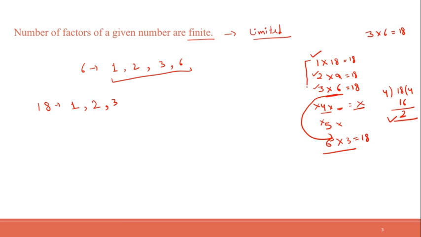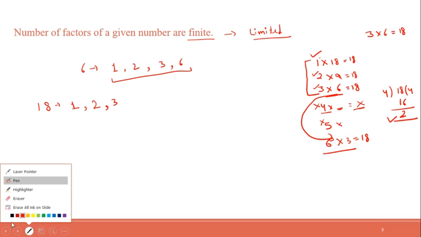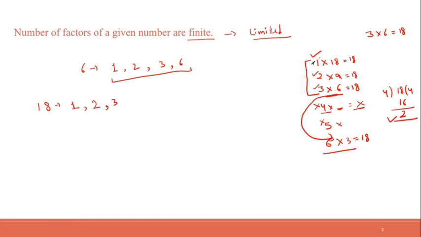So I can say that only these are the factors: 1, 2, and 3, which I have written here, then 6, 9, and 18. 6, 9, and 18 will be the factors of 18. So these are also limited, that is finite and not infinite.